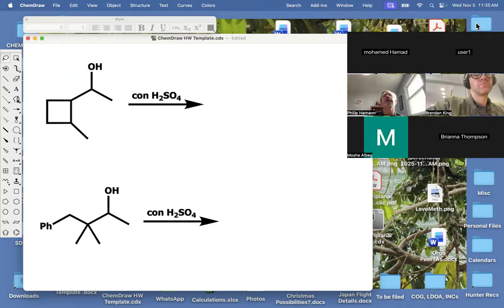For E1, which is not a very common reaction, a protic solvent isn't necessarily needed. But we're not going to focus that much on the solvent. Solvents are something you learn more through experience. Just focus on the factors that you're learning and don't worry too much about solvent otherwise.